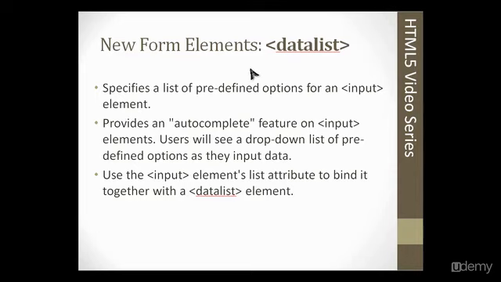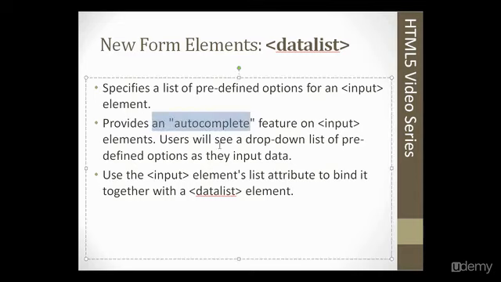Now this is different than a select tag or a select list where you click an arrow and a drop down would pop up and you'd select one. This is an actual regular text field, and as you type, it's used as an autocomplete. So if you have a certain value in the list and they start typing, then it'll pop up.